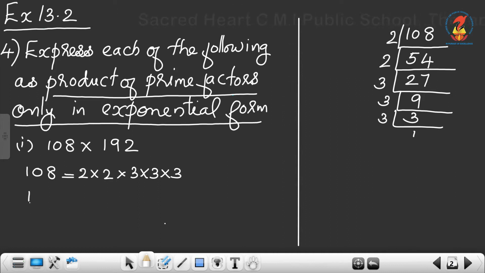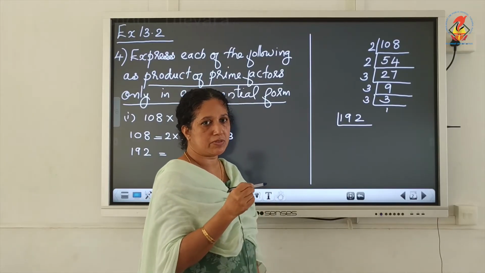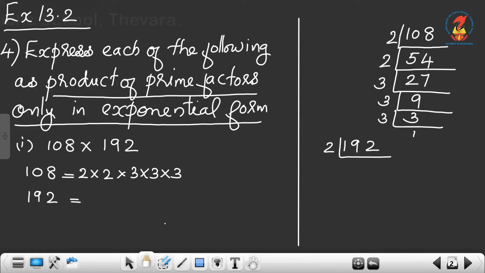Then the next number, 192. 192 is also an even number, so we can start with 2. 2 nines are 18, then 12 will come, 2 sixes are 12. Then again with the 2, 2 fours are 8, 2 eights are 16, 2 twos are 4, 2 fours are 8.